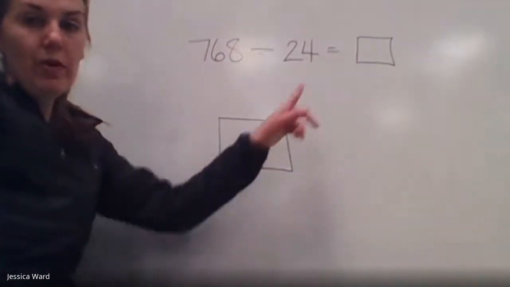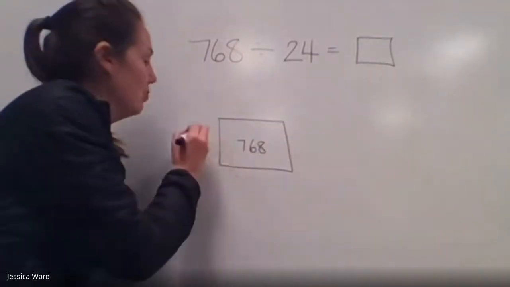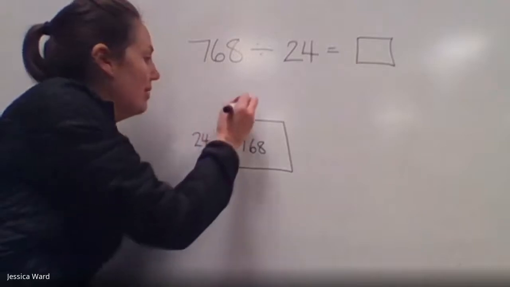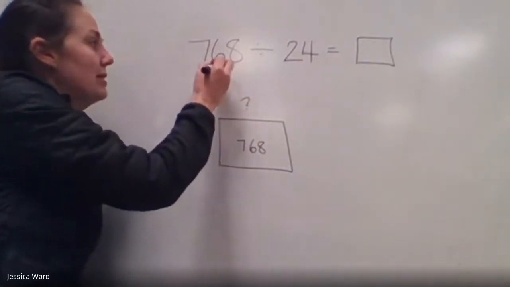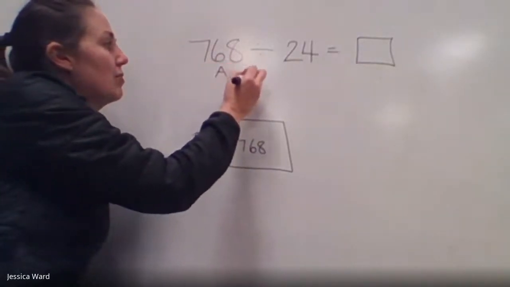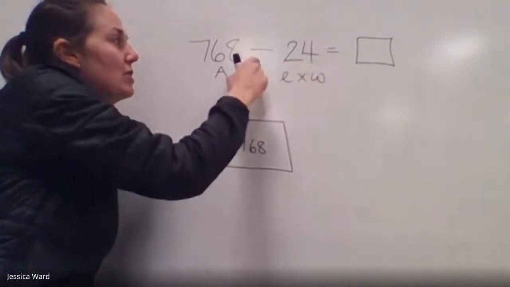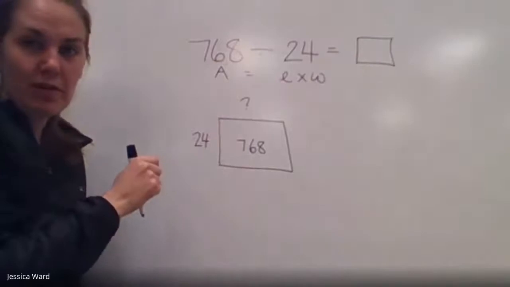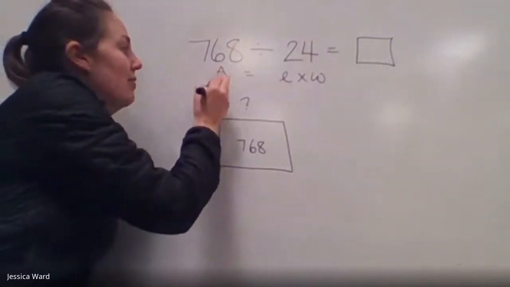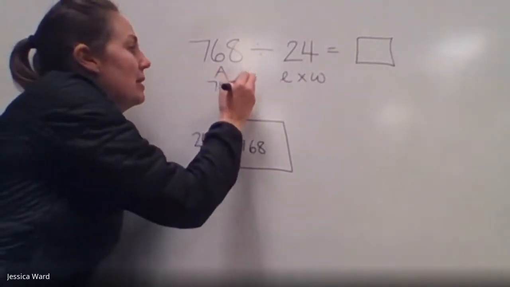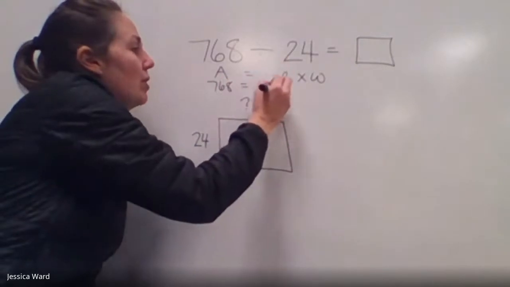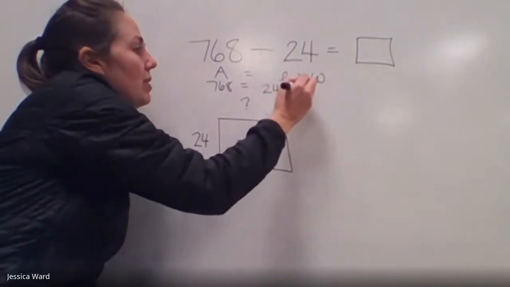We have one side that's going to be 24, and we have another side that's unknown. That's like saying area is equal to length times width. We're using the inverse of our division problem to solve for it. So we're saying 768 is equal to 24 times some unknown number.